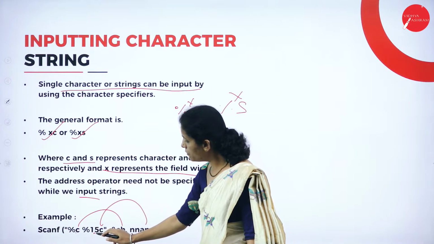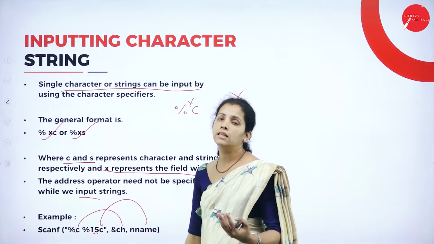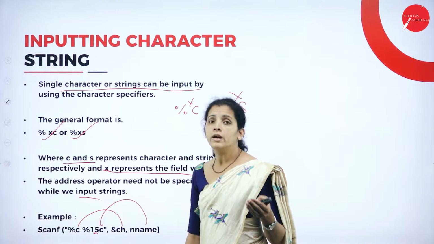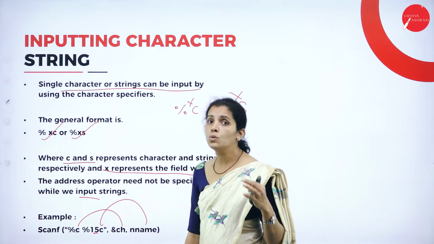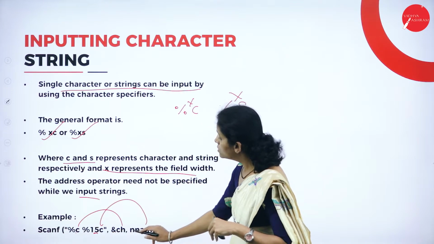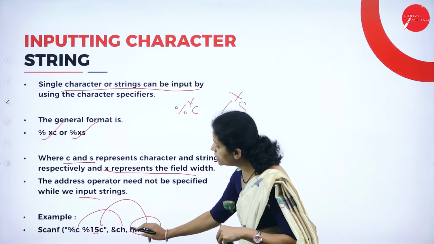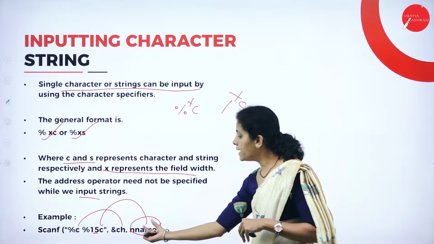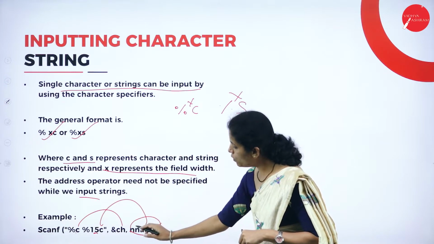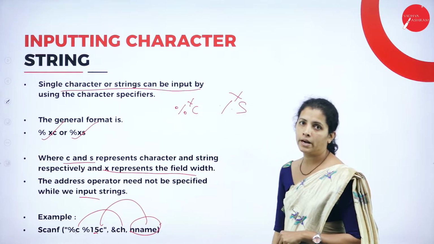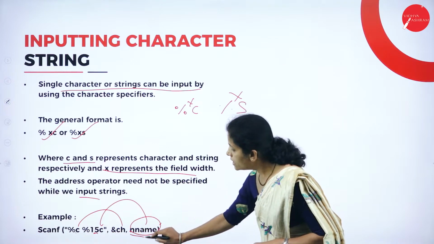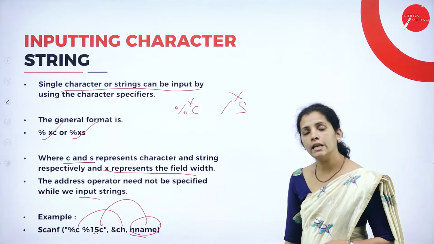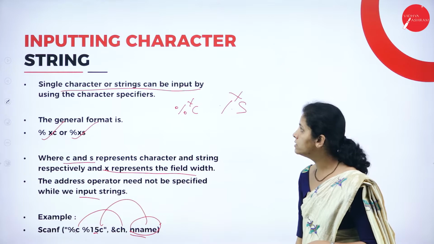It is going to read 15 characters, that is an array of characters or group of characters. So it is the string, and I won't use any address operator with a string.